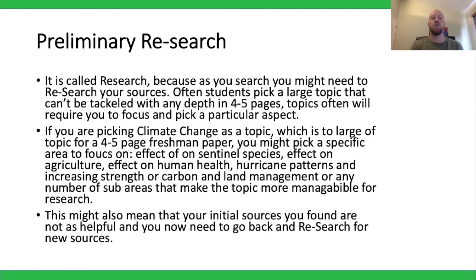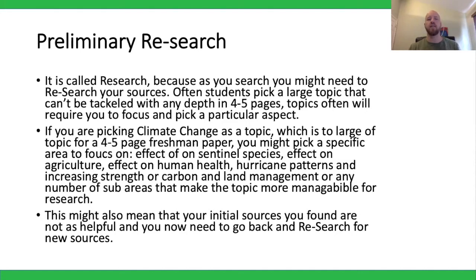And so if we want to narrow this, sometimes we have to pick a sub area. Maybe you want to talk about the effect on sentinel species or agricultural effects, human health, hurricane patterns, carbon and land management. Any of these are little sub areas of a much larger topic that make it easier to digest as far as a research paper.